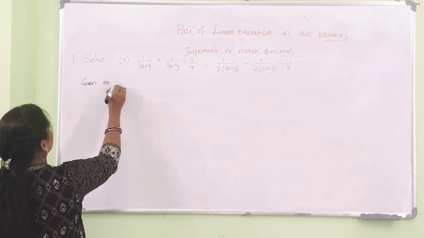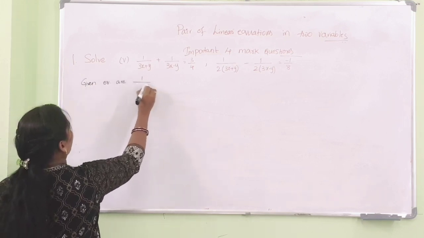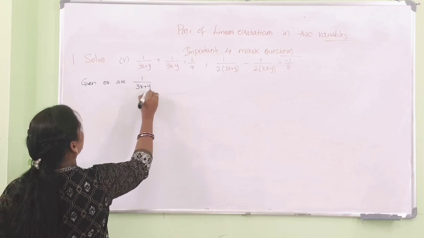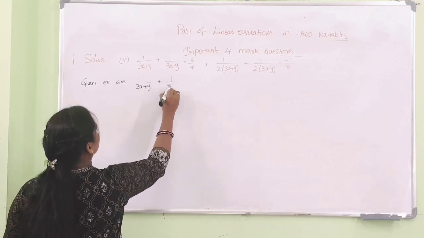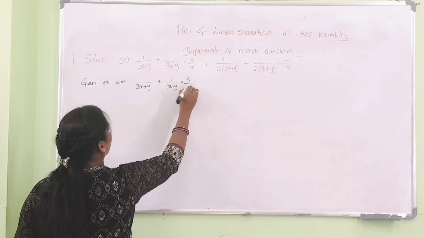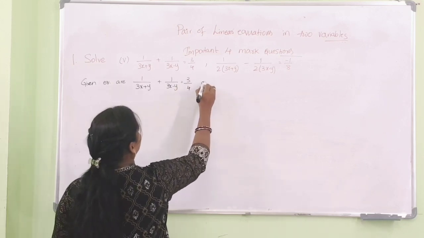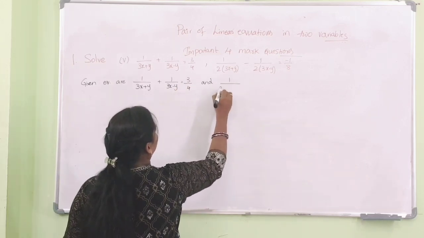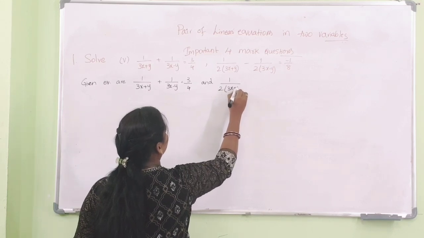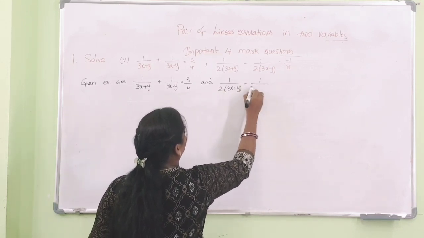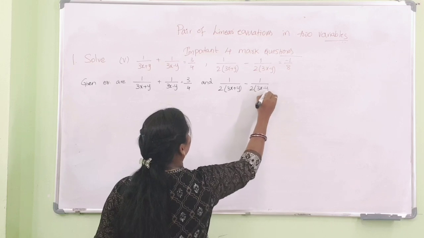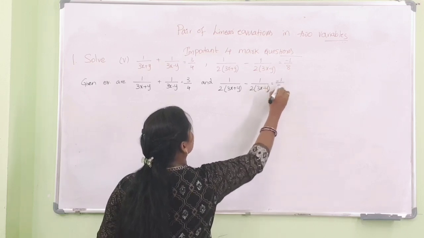So the given equations are 1 by 3x plus y plus 1 by 3x minus y is equal to 3 by 4, and 1 by 2 into 3x plus y minus 1 by 2 into 3x minus y is equal to minus 1 by 8.